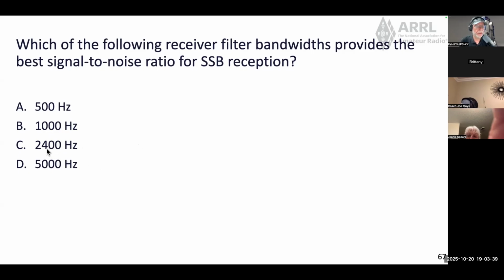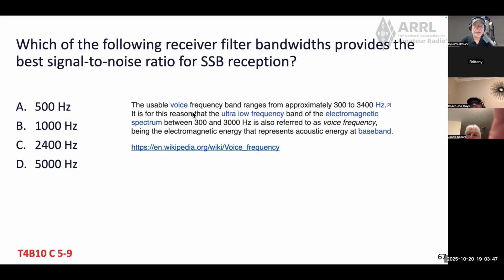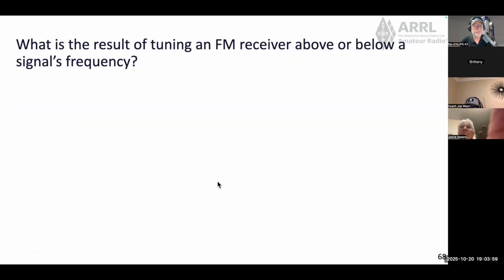So if you go back three there, 2.4 is what we mentioned. So the answer is C, and that's because the usable voice frequency falls between 300 and 3000 hertz. And in the slide that we talked about earlier, we were talking about 2.4 kilohertz.